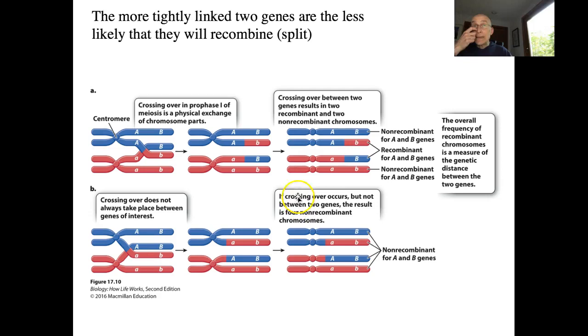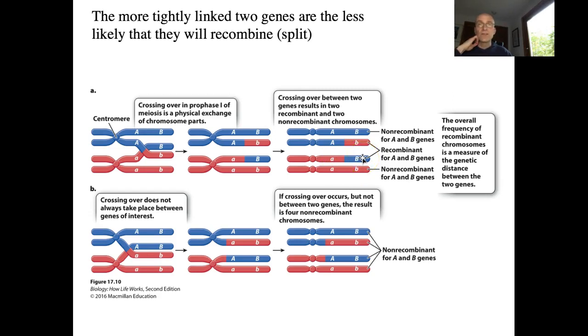Okay, so let's come back to the question of why genes that are more closely physically located to each other on the same chromosome might recombine less frequently. If you think about this, if A were to sit further here and B were to sit further over here, then there's a bigger stretch in between where you have the chance.